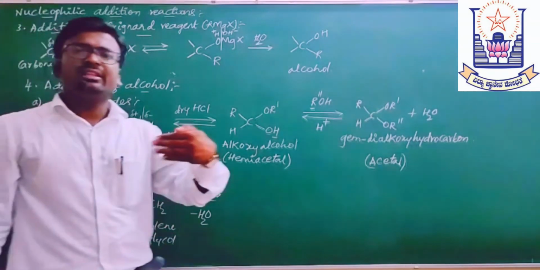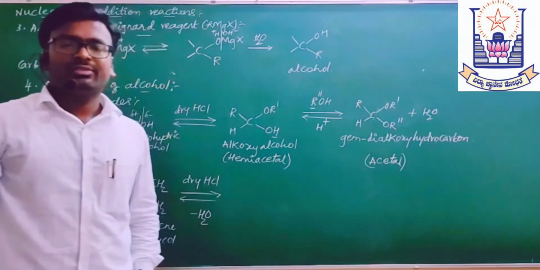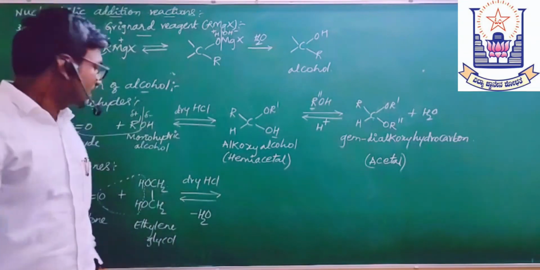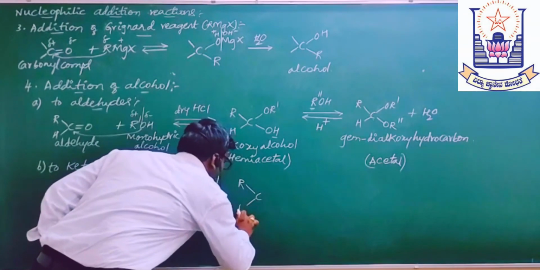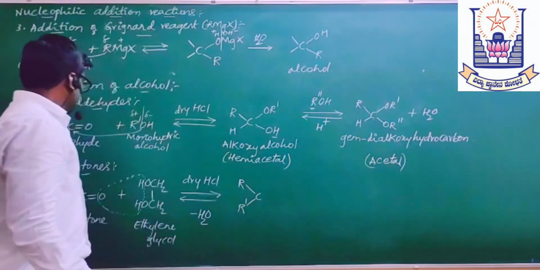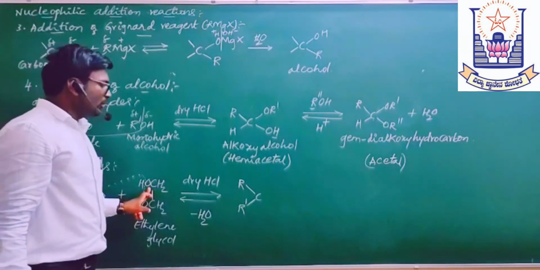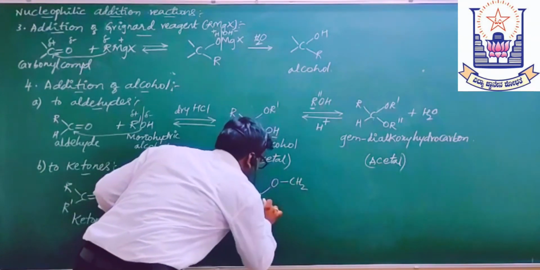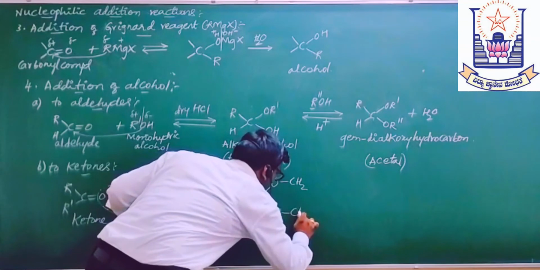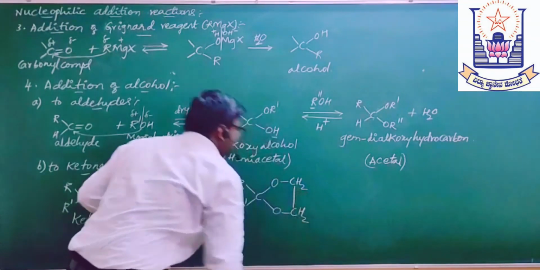Condensation means there will be removal of something from the reactants. Okay. Now, what can we get? RC R dash. This one bond connects with O, CH2, and another one connects with one more O, CH2.